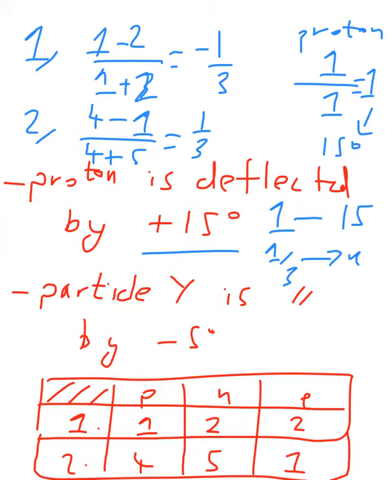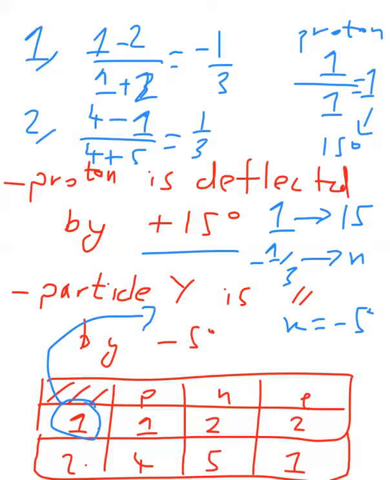Now if we take particle 1, minus 1 upon 3 is x. So if we find x, we'll get x as minus 5 degrees. So that means that particle 1 is particle Y.